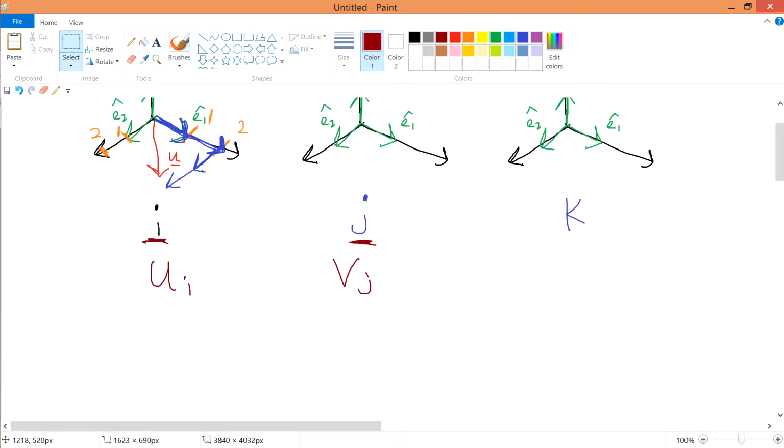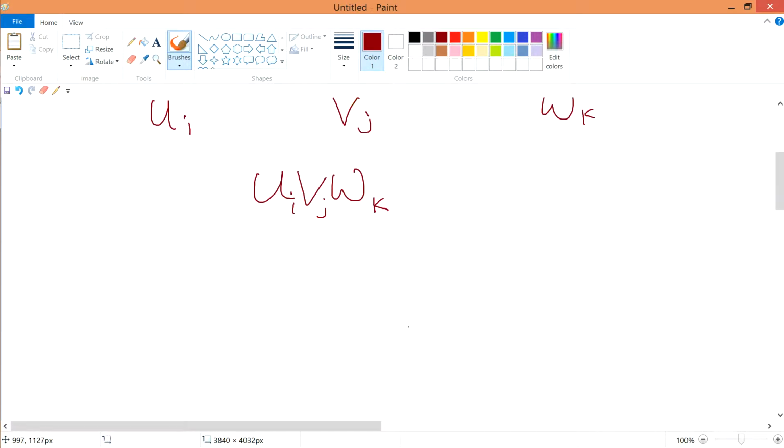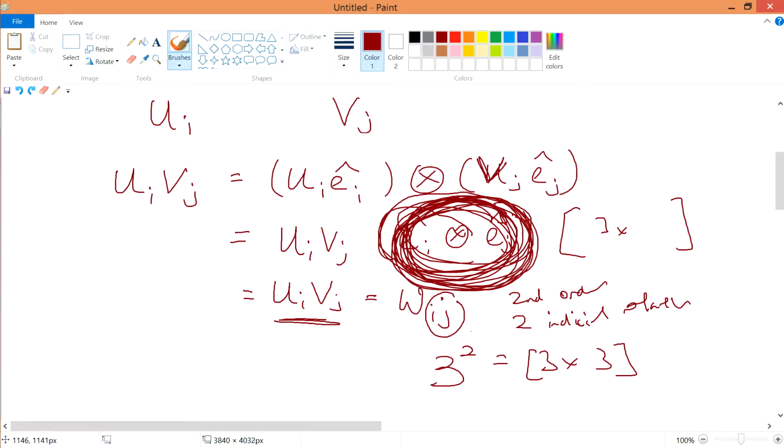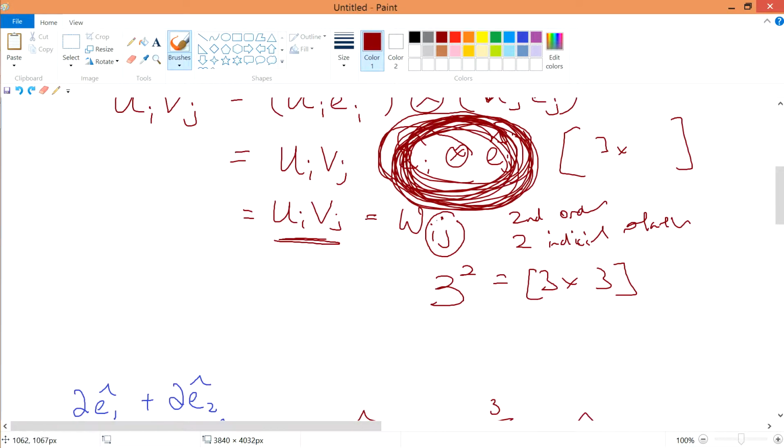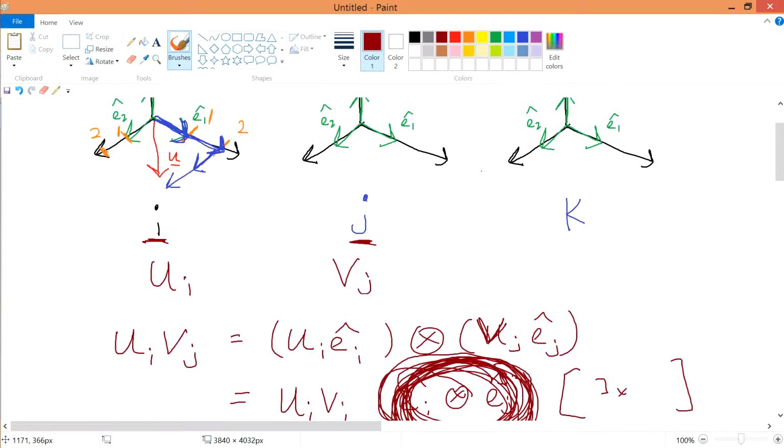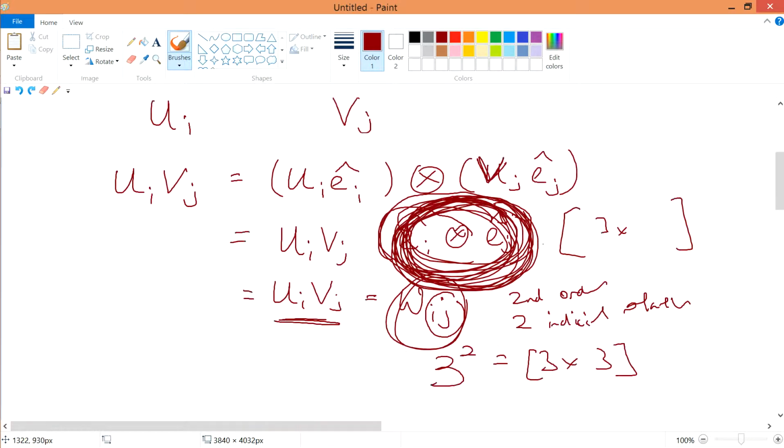Therefore, if I were to interact with another space in k, u, v and w, ui, vj and wk, just take note that the w I wrote just now is not this one. I actually forgot.